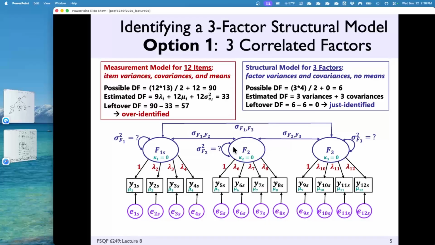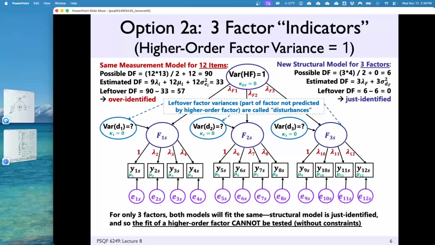The structural model up until this week would have the three different covariances between the factors, the three different variances of the factors, and then the mean vector, because we didn't say anything about that. There is no mean vector, so the means have been fixed to 0. So this is marker item identification for the variance, but not the mean, okay? So that's one way of doing this.